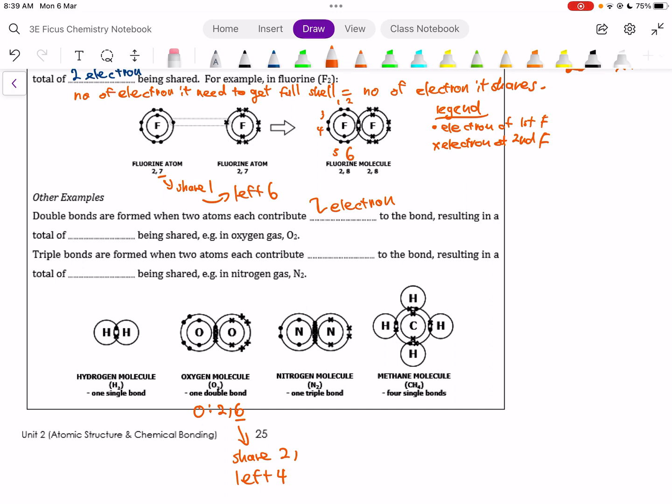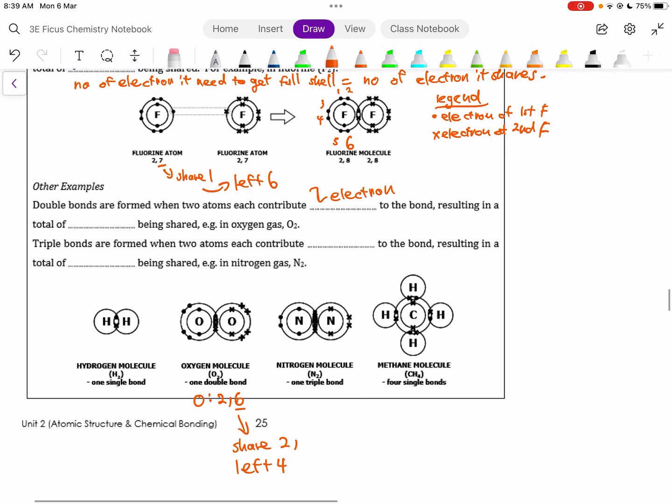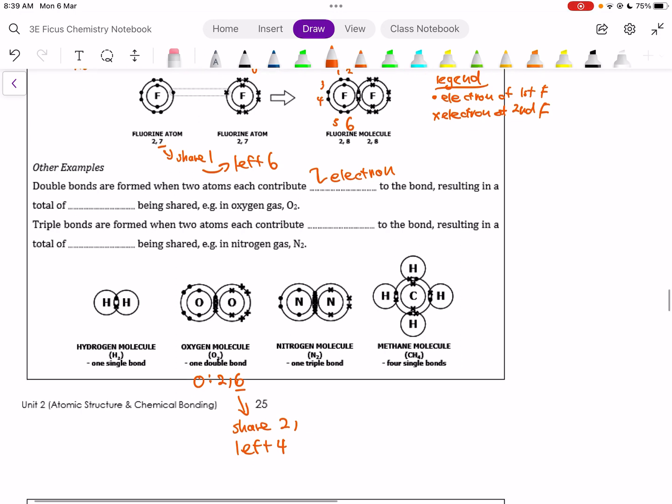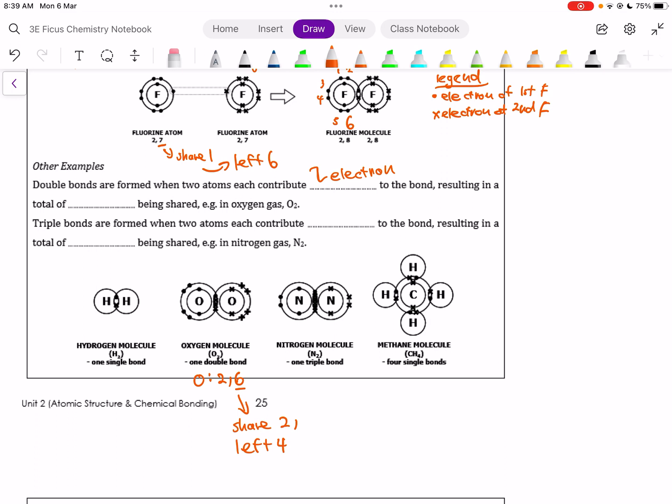Oxygen shares 2, left 4. Share 2 then left 4, not 4 being shared.